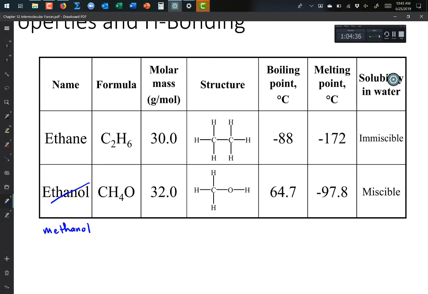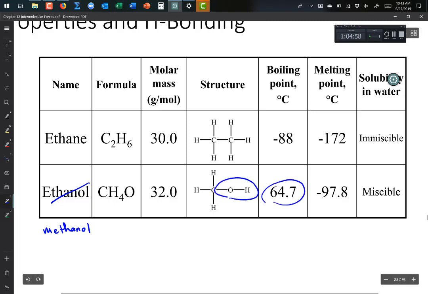So, ethane is just a hydrocarbon again. It's nonpolar, only has induced dipoles. Its boiling point is minus 88 degrees Celsius. Methanol has about the same molecular weight, and has hydrogen bonding because of this OH group.